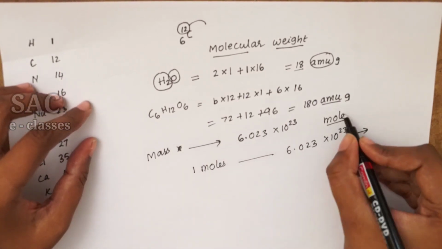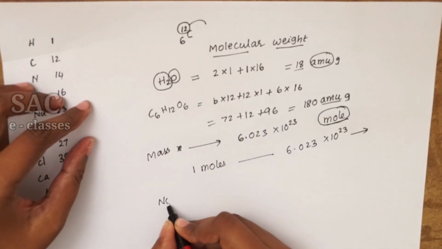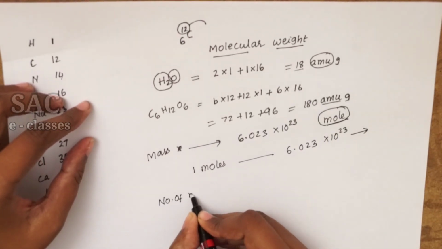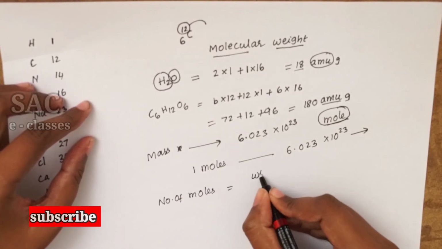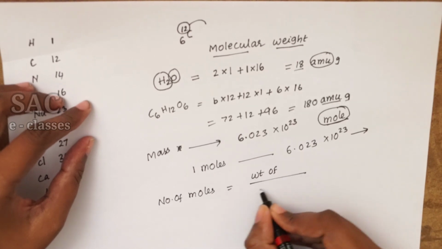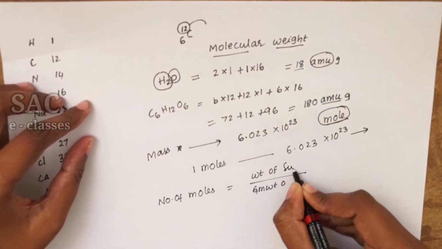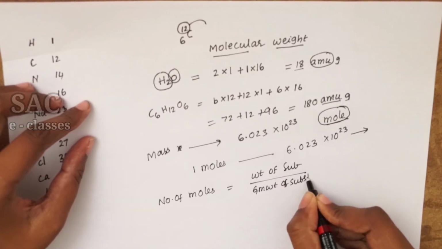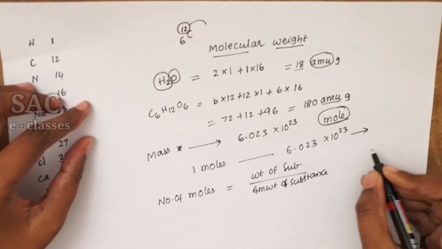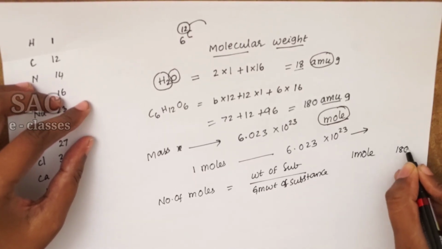Usually, the number of moles is calculated as the weight of the substance divided by the gram molecular weight of the substance. You know that 1 mole of glucose is 180 grams.